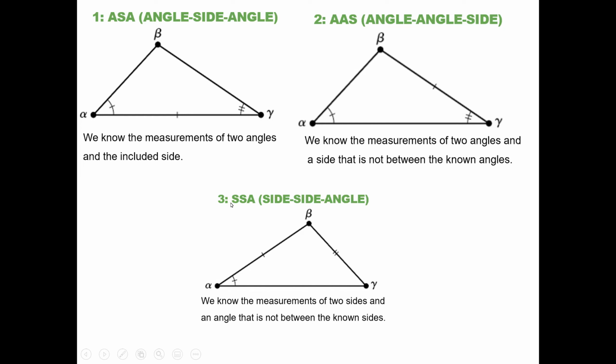And situation number 3, we have 2 sides and an angle, where the angle is not in between those two sides. It's on the outside of one of the sides. And this situation is described as side-side-angle, or SSA for short.